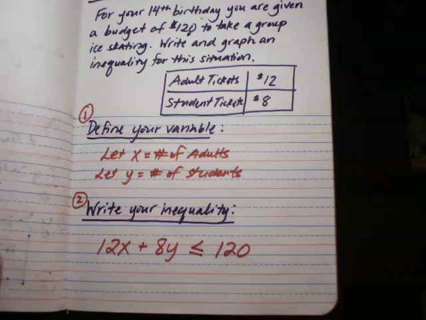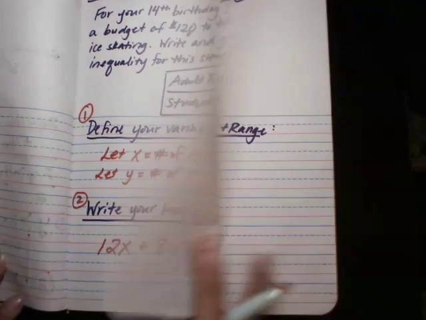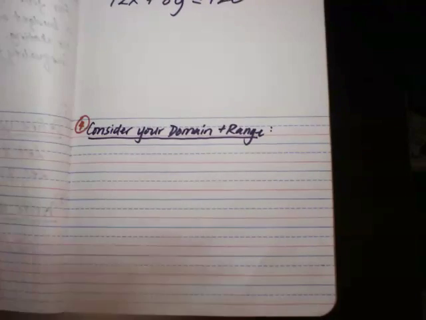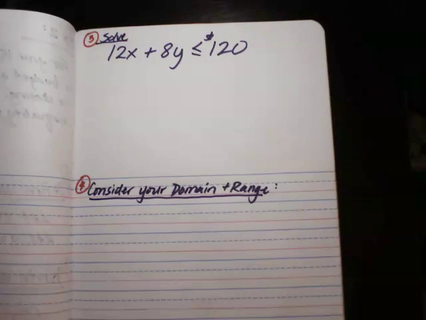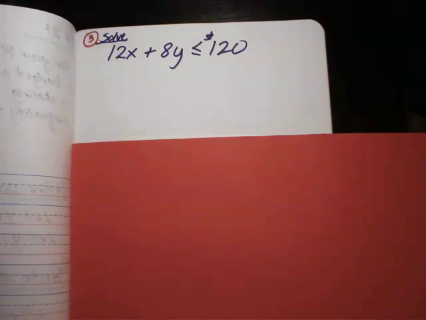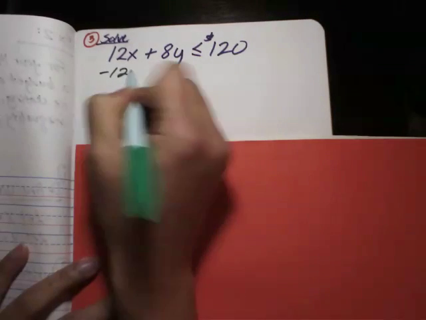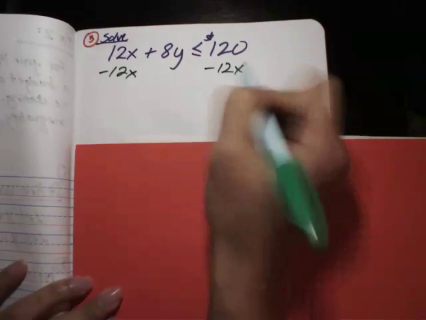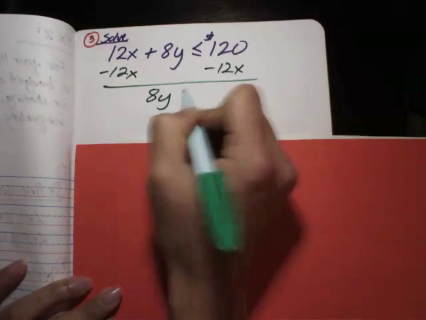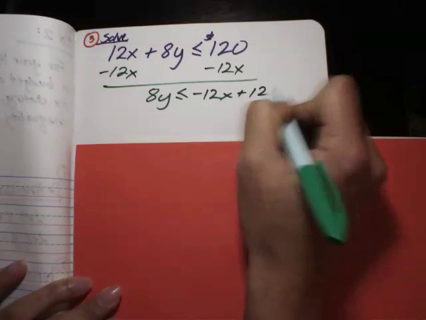To solve and graph, we're going to follow those same steps. So number 3: let's solve this inequality. Let's subtract 12x from both sides. 8y will be less than or equal to negative 12x plus 120.